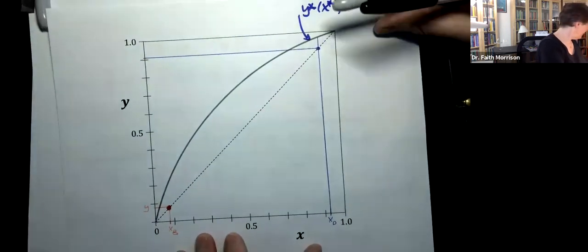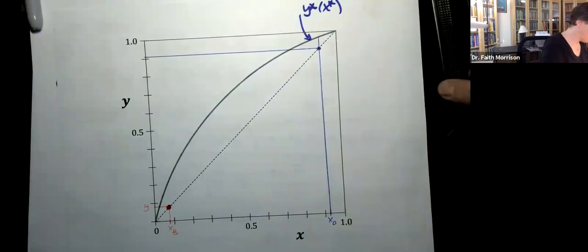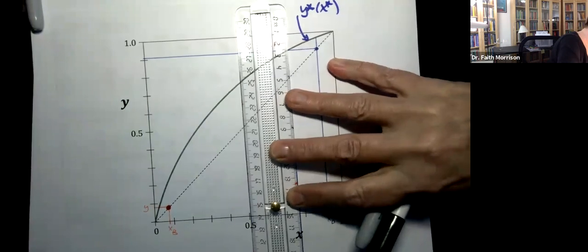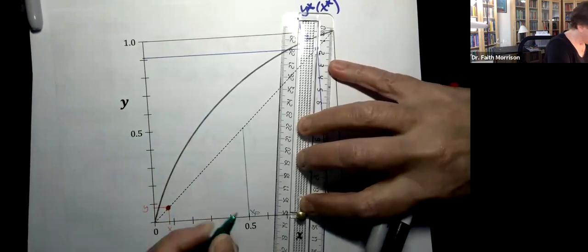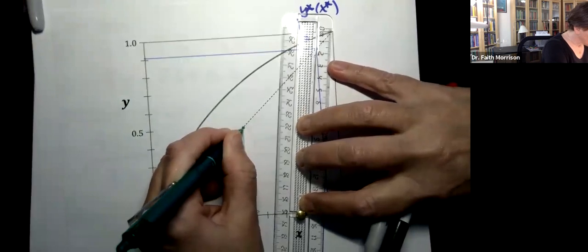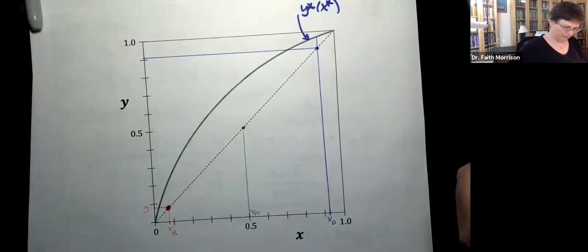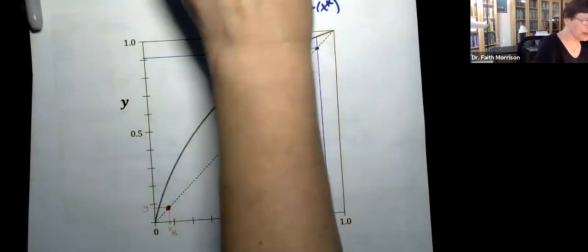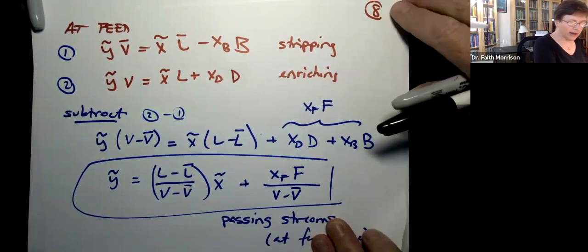And so at the feed point, which I'm going to put at approximately halfway here, just for fun. Again, I'm just making these numbers up for illustration. So here at the feed, so this is going to be X feed, there's going to be some relationship that has to be held, and it's that expression we just derived for the passing streams. And let's put that XF in there, just like we did the other two times.